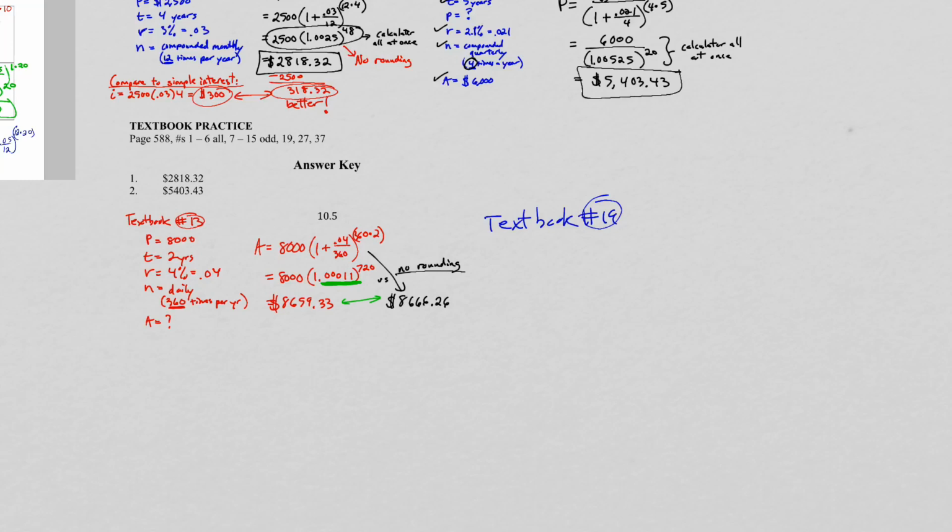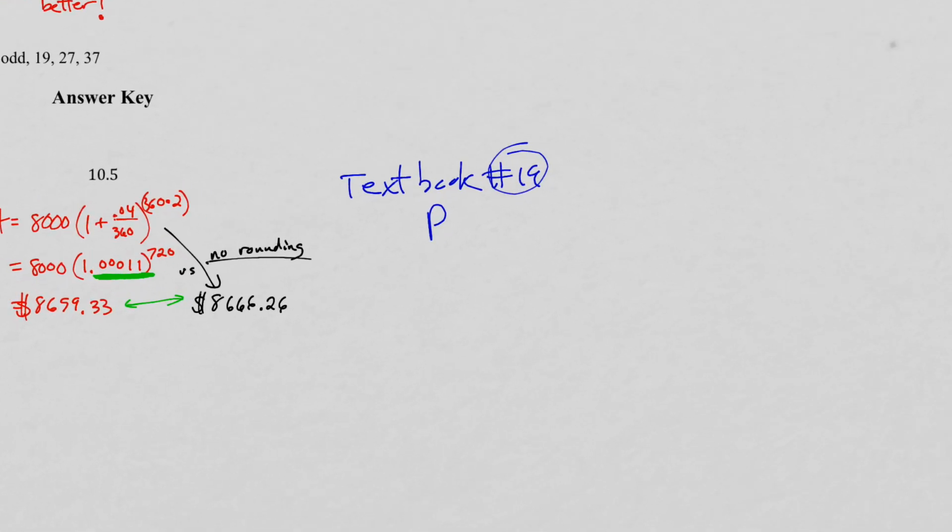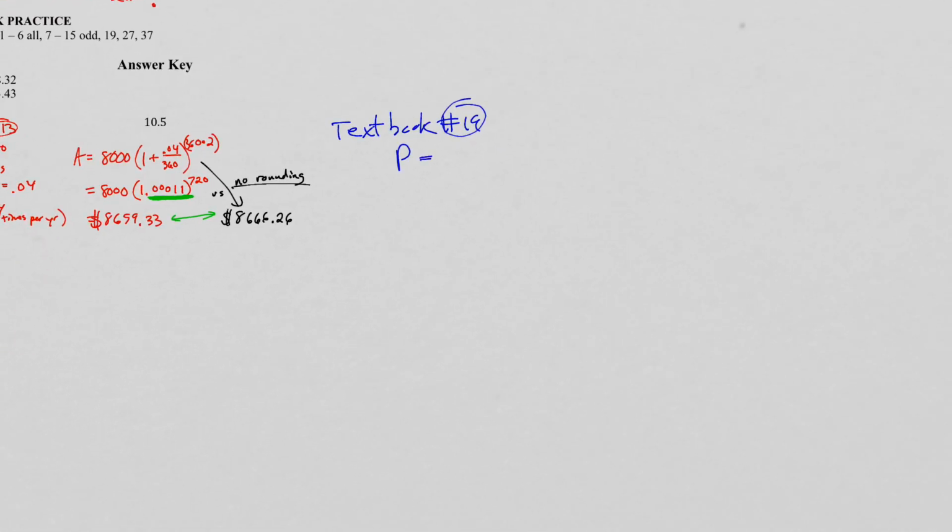So we are going to be missing the A, as usual. So 6,500. 5 years. 1.86%, which is 0.0186. And it's compounded semi-annually.